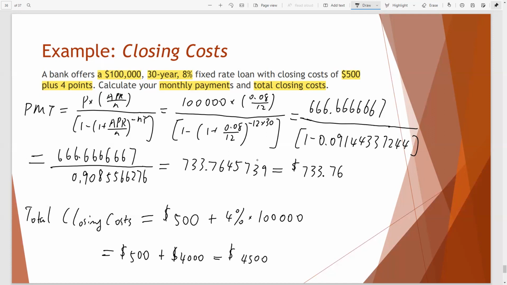Right, some other lender, or maybe the same lender, has other options that give you a higher interest rate, maybe like 8.5%, but say the closing cost will be only $500, right?